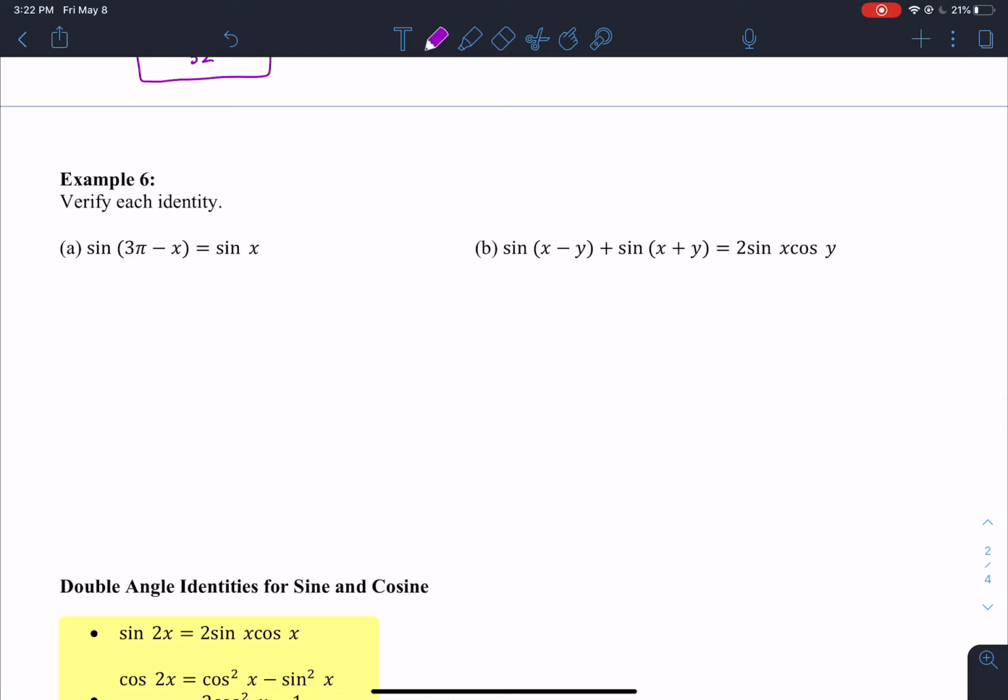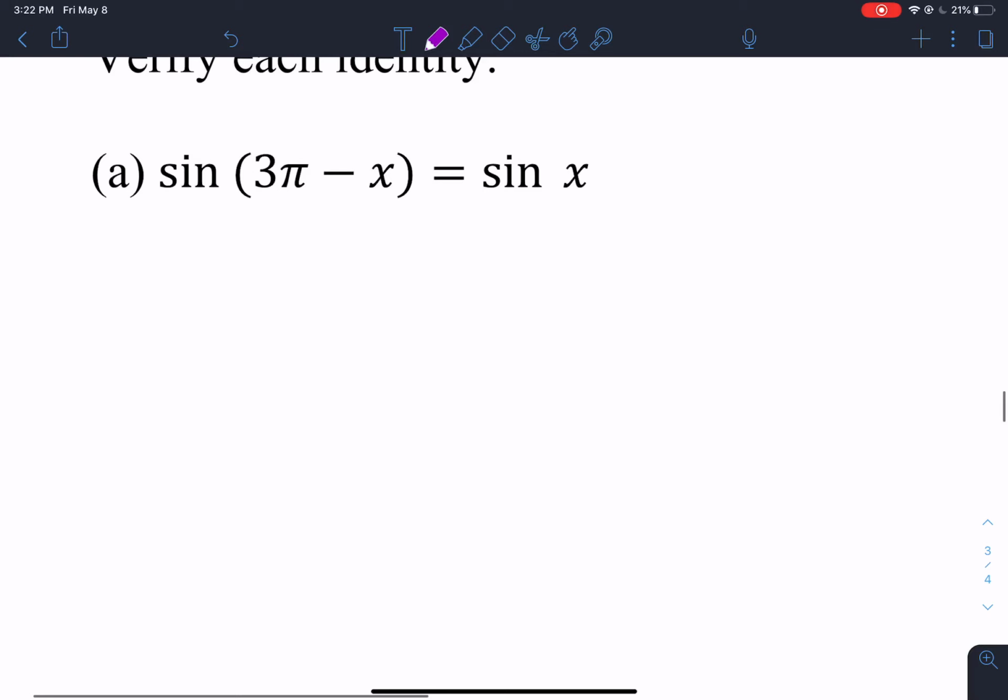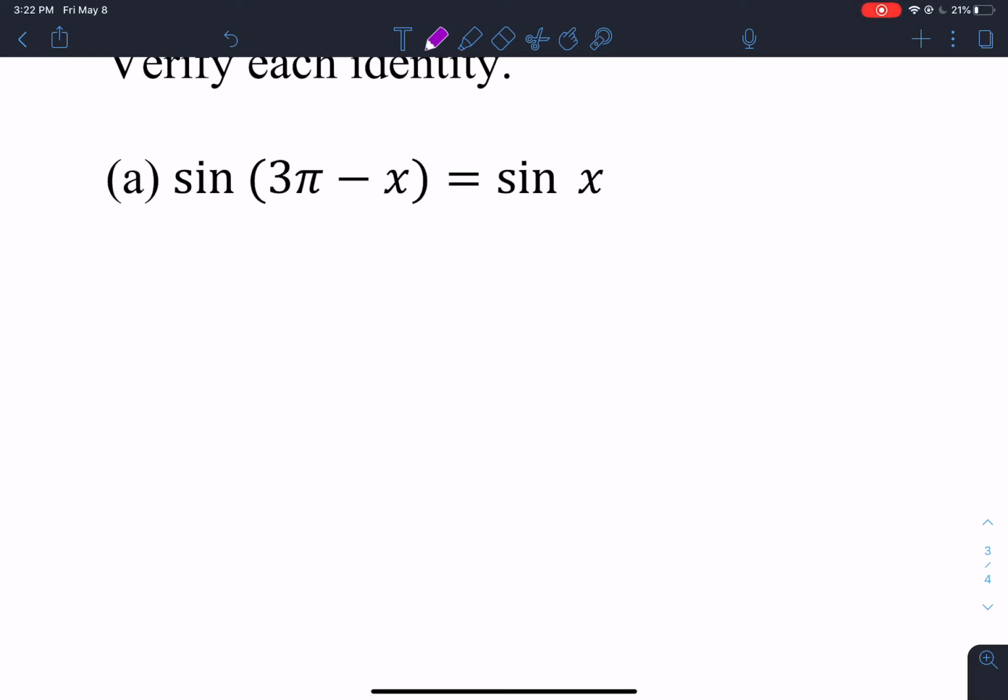Okay, and then I'll give you a couple identities that we have to prove now. Okay, so this first one says sine of 3 pi minus x equals sine of x. All right, so the left side, because I'm subtracting the two things, I'm going to use the difference formula for sine to expand it out. So it's going to be sine of the first.